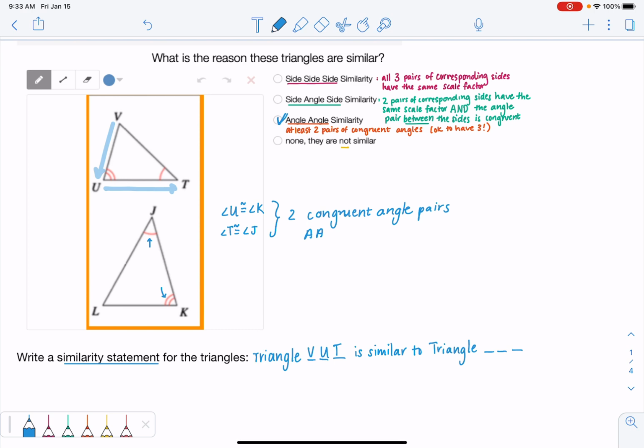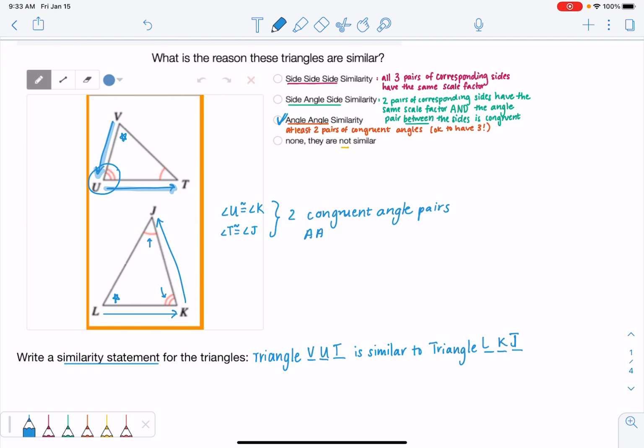Now remember, the order matters. So here it's blank. So we have to start with the blank angle. Go from the blank angle to the one with two markings. So L, K, and then go to the angle with one marking, LKJ.